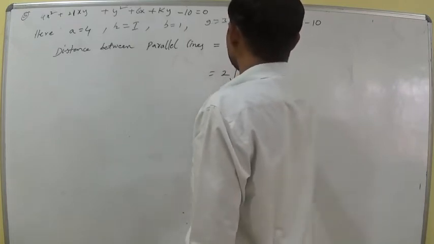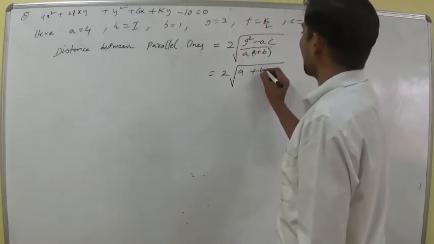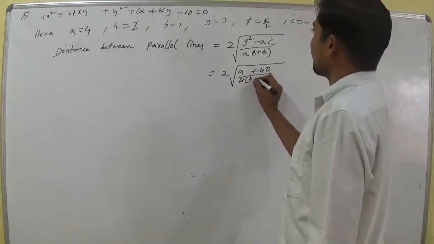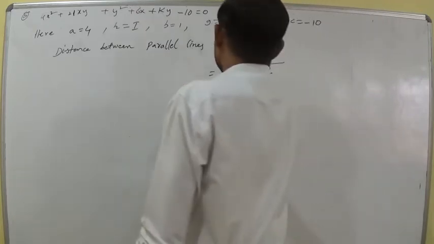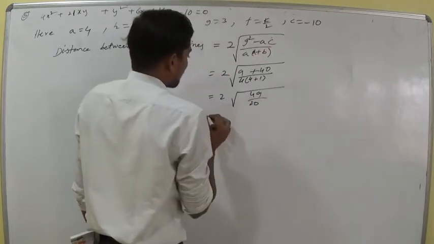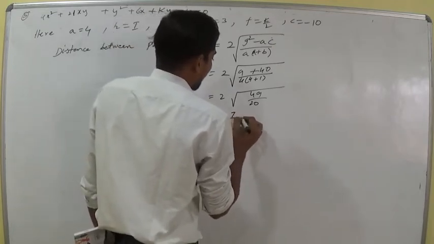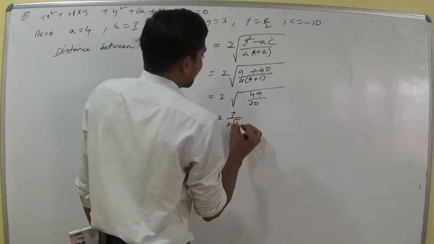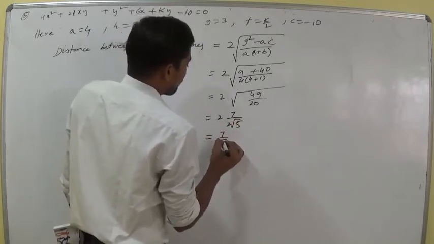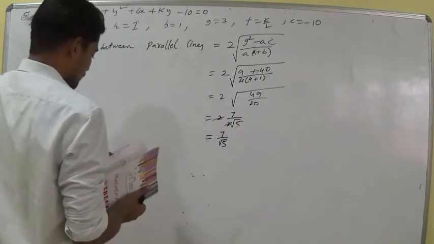So 2 square root of 9 minus ac plus 40 by a into 4 plus 1. So 2 square root of 49 by 20, which is equal to 2 into 7 by 2 root 5, which is equal to 7 by root 5. 7 by root 5 units.